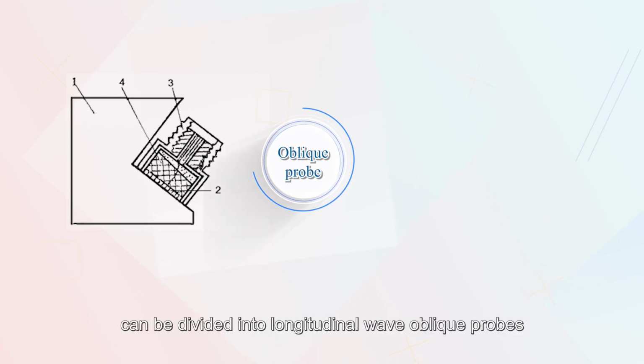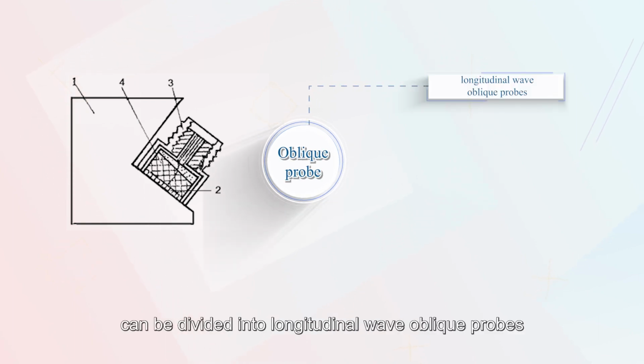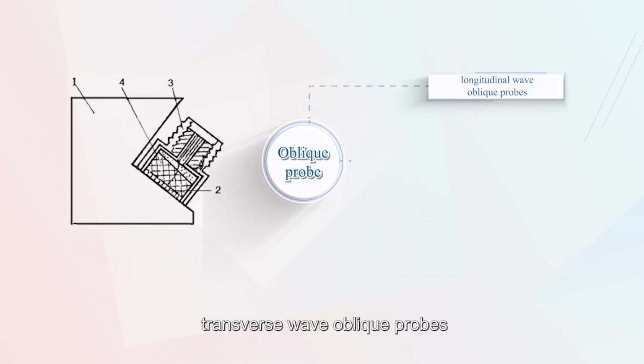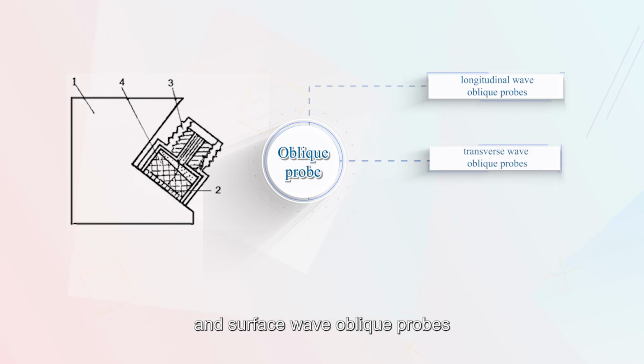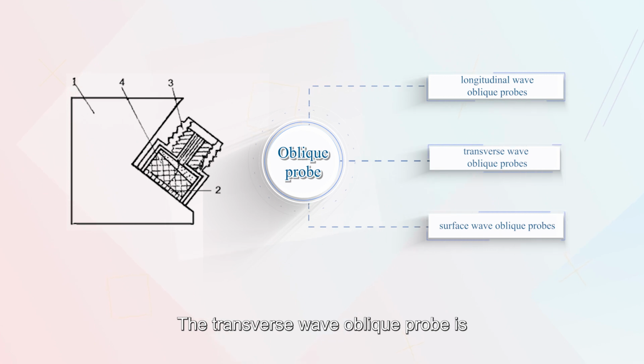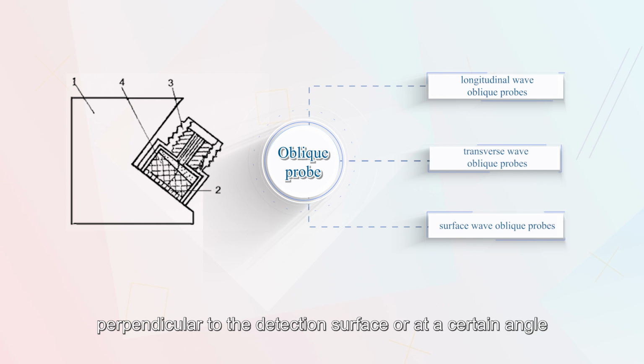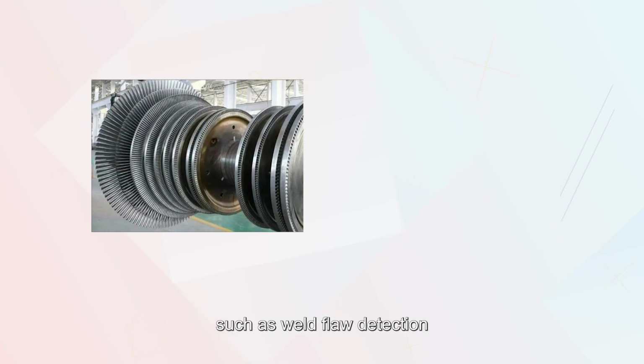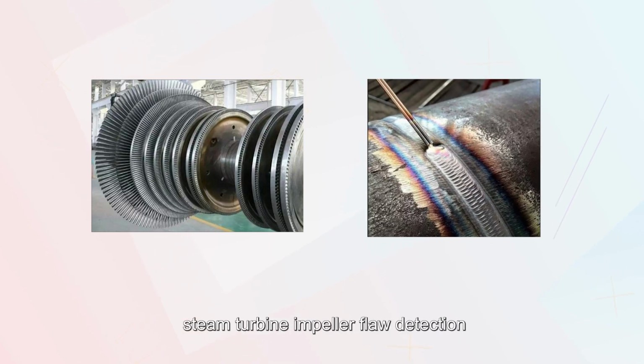Oblique probes can be divided into longitudinal wave oblique probes, transverse wave oblique probes, and surface wave oblique probes. The transverse wave oblique probe is mainly used for flaw detection of defects perpendicular to the detection surface or at a certain angle, such as weld flaw detection, steam turbine and impeller flaw detection, etc.